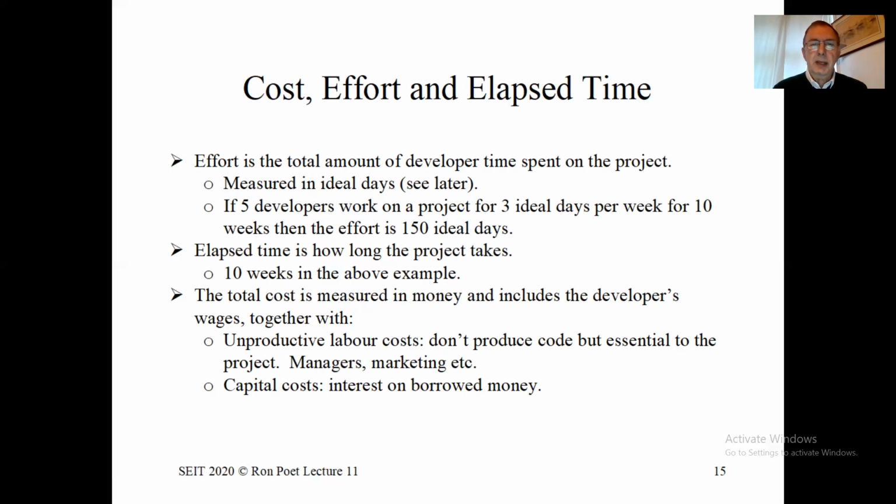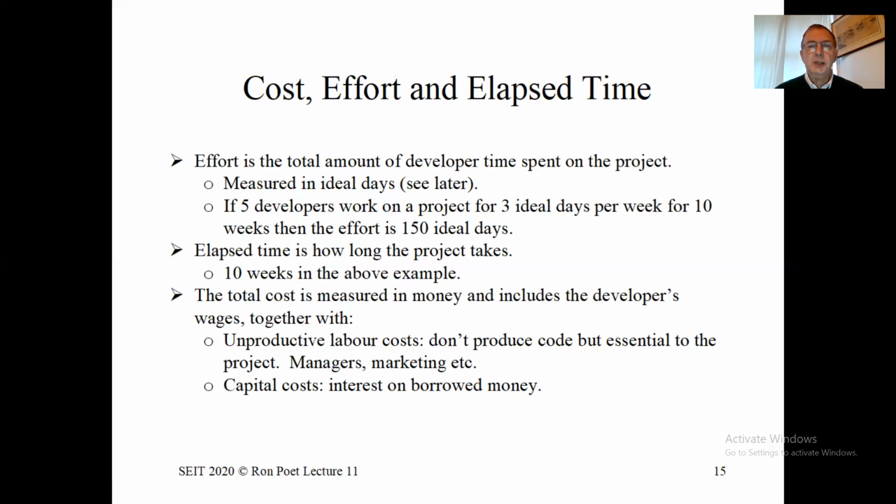The total cost is, you might think the developers' wages will be the cost, but there's also other additional costs. So the total cost includes other stuff. So what else do we need? You can't just have developers working all by themselves as the only people in the company.